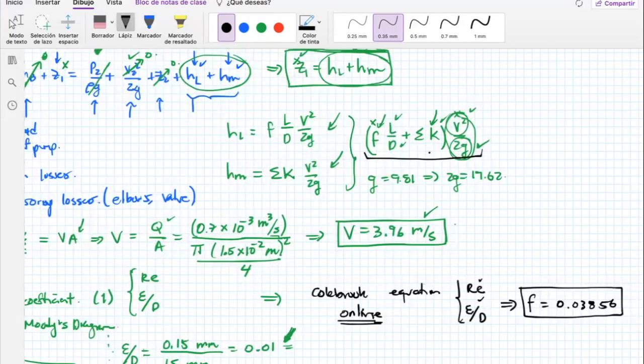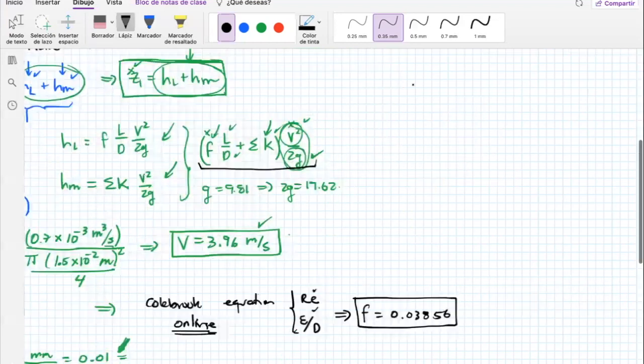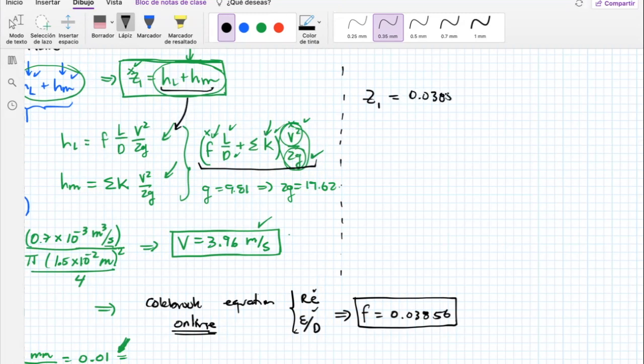So I think I have everything in place. Therefore, Z1, which I don't know, equals HL plus HM. In this case, I'm already adding this up. So 0.03856, that's F, multiplied by L, so 20 meters, divided by the diameter, 1.5 times 10 to the minus 2 meters.